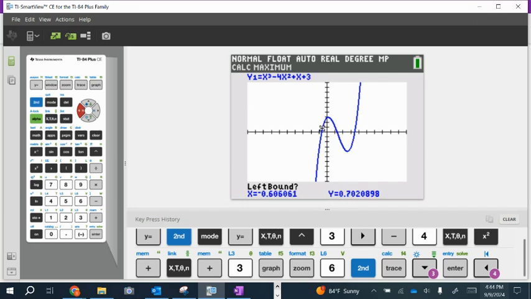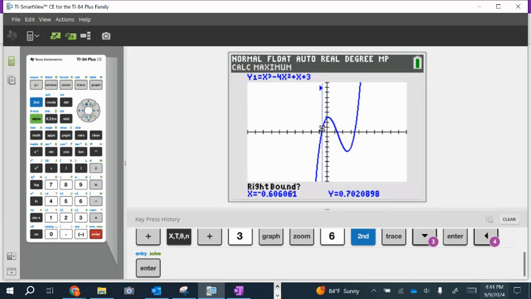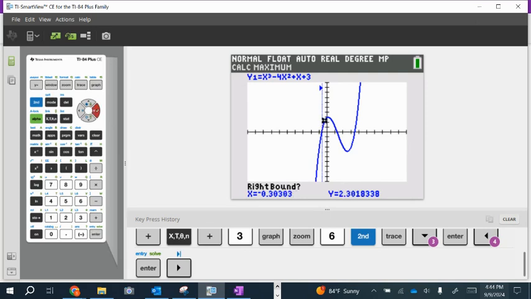My cursor is clearly to the left, so I hit enter, and now it says right bound. So I want to move my cursor to the right side of that. Then it asks me if I want to guess. I don't care, I'm doing this so that I don't have to guess. Just hit enter again, and it will tell you the relative maximum value for this function.